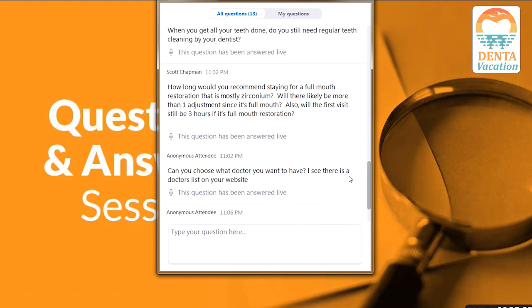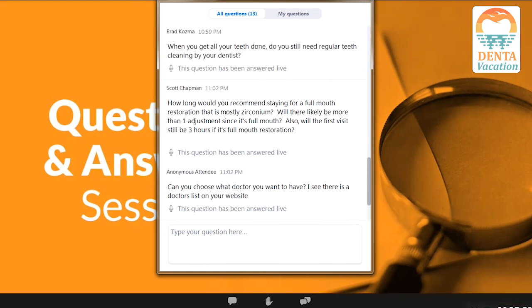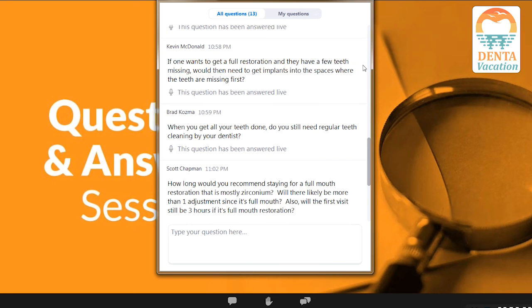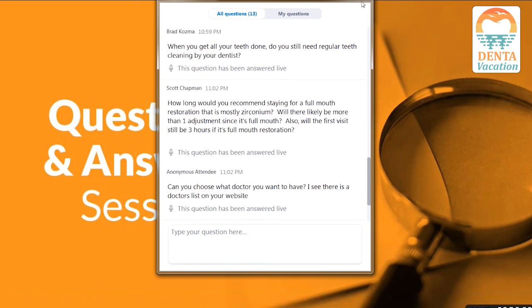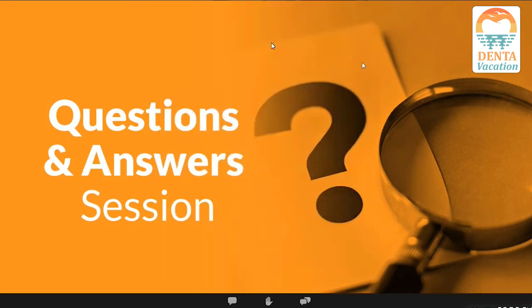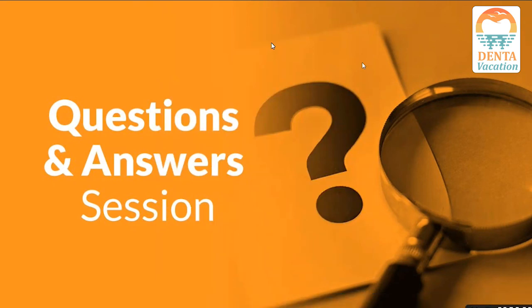Okay, so we have an attendee that says that they're a heavy grinder. So how long will the zirconium crowns last? And how long will the porcelain fused to metal last? If he's having problems with the bite, that's what I understand. Yes, like he's a heavy grinder.